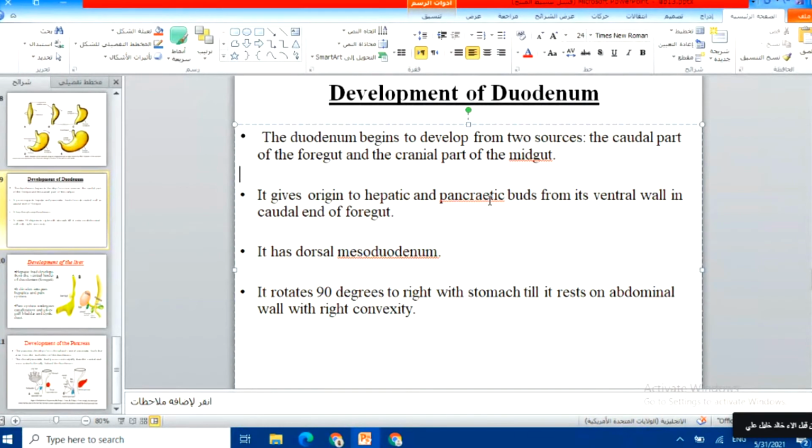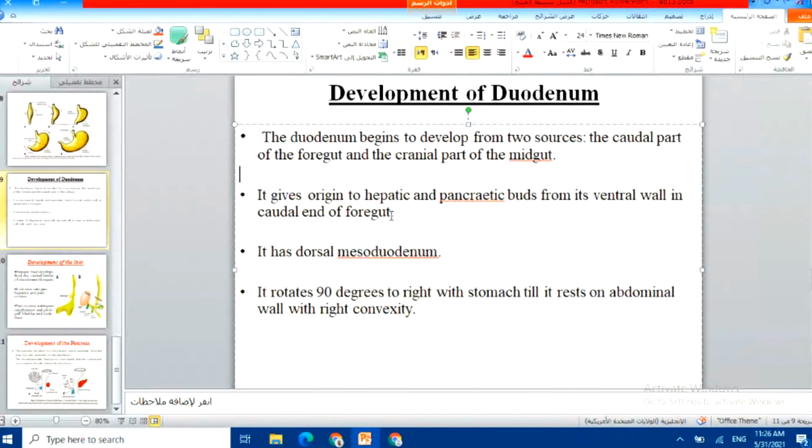The first point is that it forms from the foregut and midgut, and the second point is that the jejunum can form hepatic and pancreatic buds. From where? From the ventral wall and caudal end of the foregut. Not from any location of the jejunum.